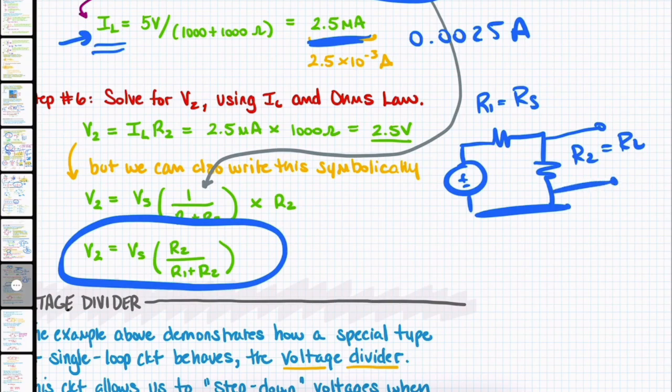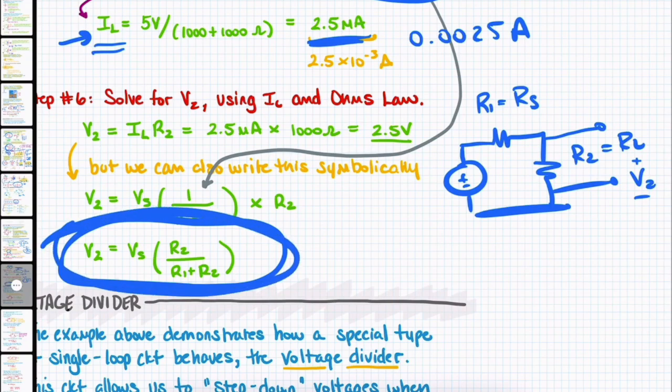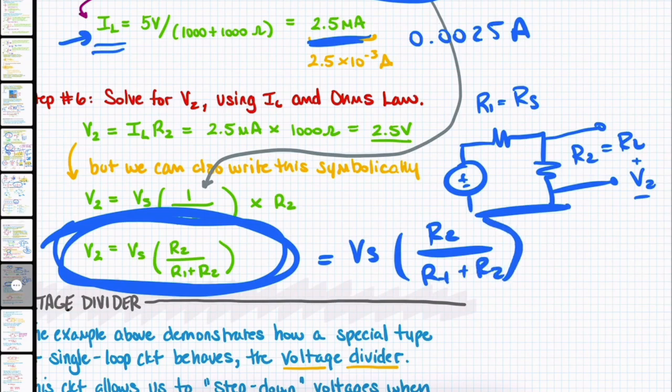Then the voltage across that second element always takes this form. It's going to be equal to the original source times the ratio of the second resistor over the first plus the second. And so that is, in addition to the single loop circuit, a specific type of single loop circuit that you can be on the lookout for.